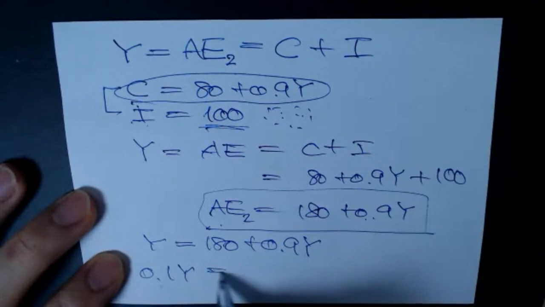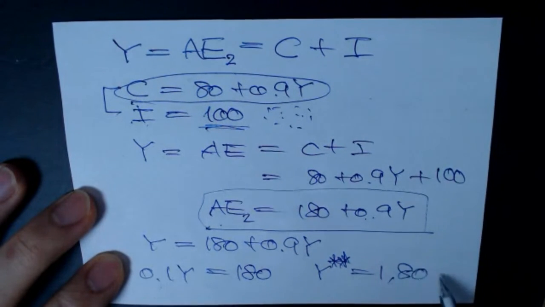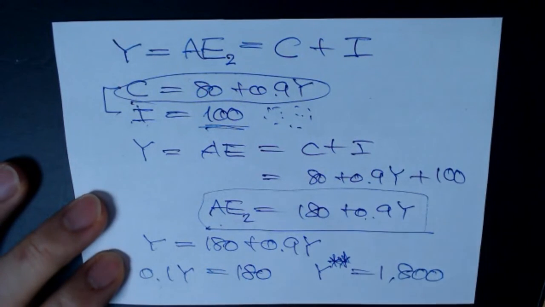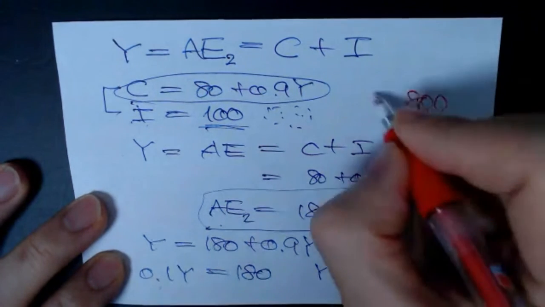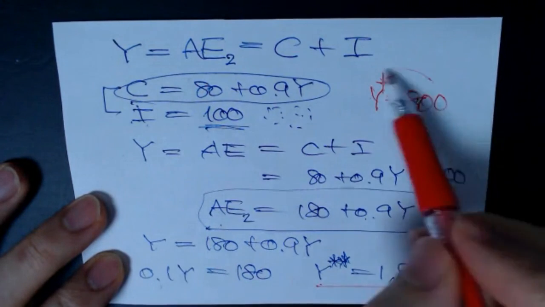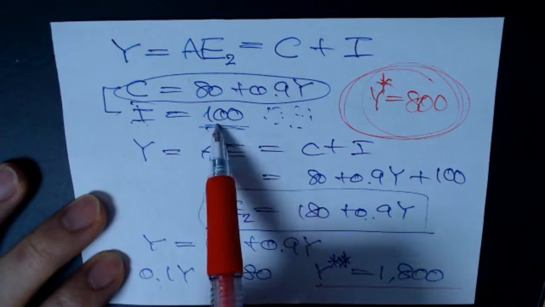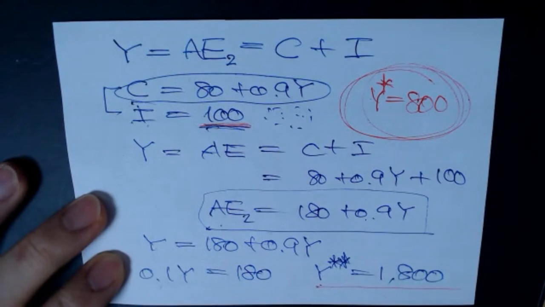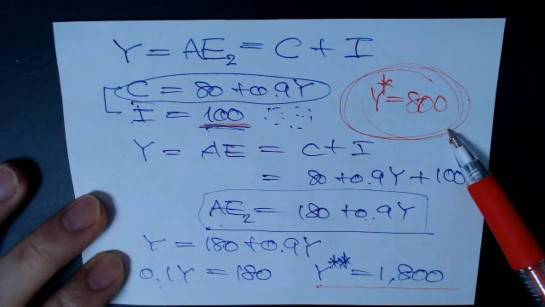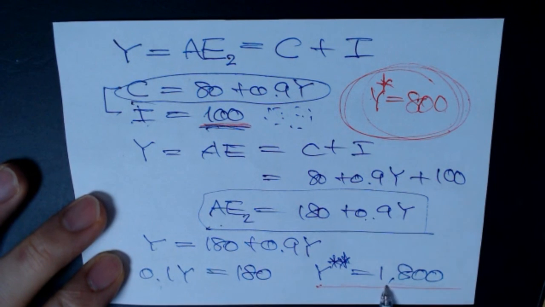The new equilibrium now is 1,800. If you still remember, the original equilibrium without firms' investment used to be 800 only. Now, after we have additional firms' investment, if this economy produces only 800, there will be a lack of 1,000 output.